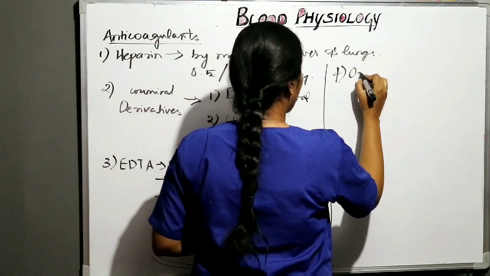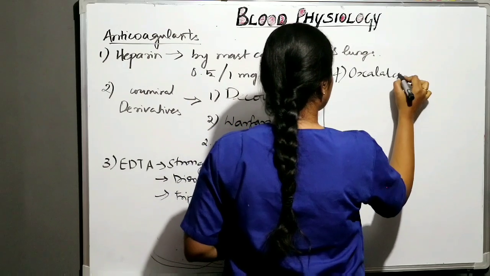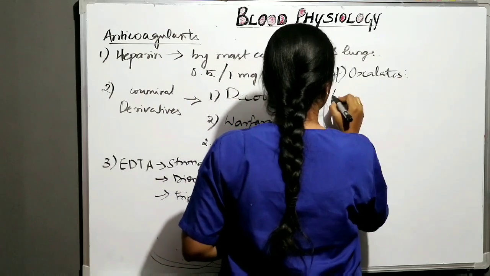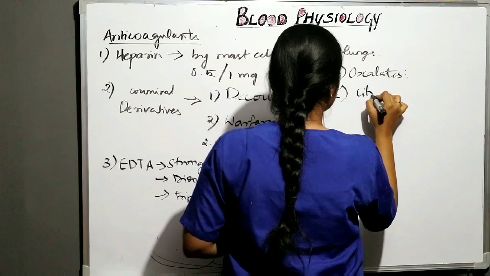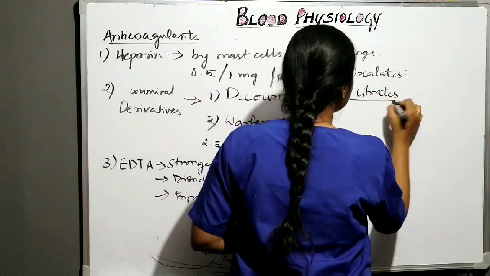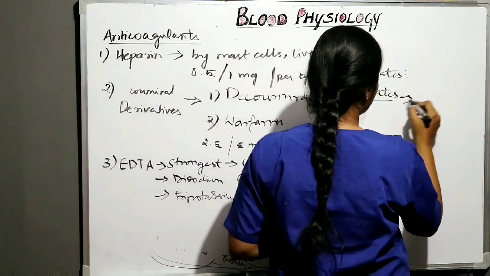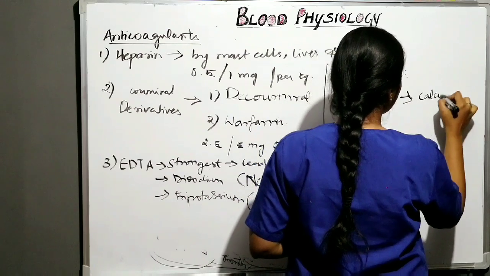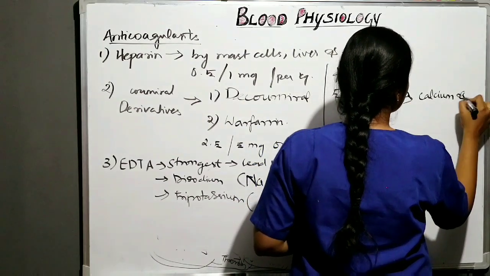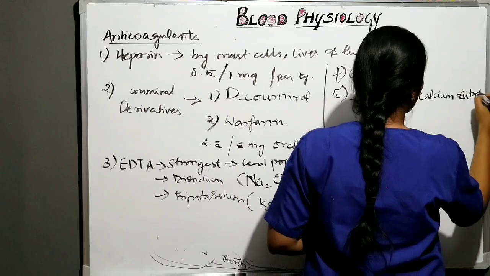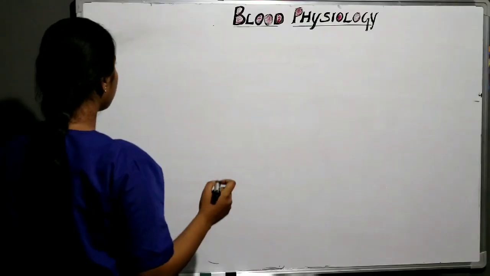Then oxalates and citrates. It's combined with the calcium to form calcium citrate. Hence it blocks the clotting.